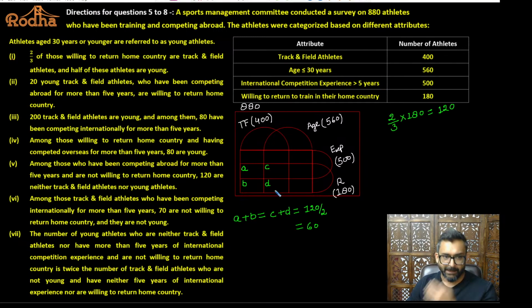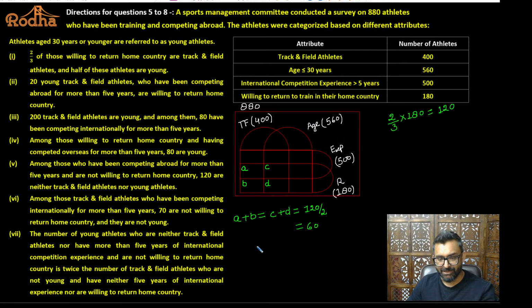Okay, let's move ahead. 20 young track athletes: 20 should be young and should also be track athletes, meaning the common part of these two. That means this block. 20 young athletes who have been competing abroad for more than 5 years, that means now its turn has come, are willing to return to home country. That means this is what we are talking about, everything is included in this, they are talking about exactly this indirectly.